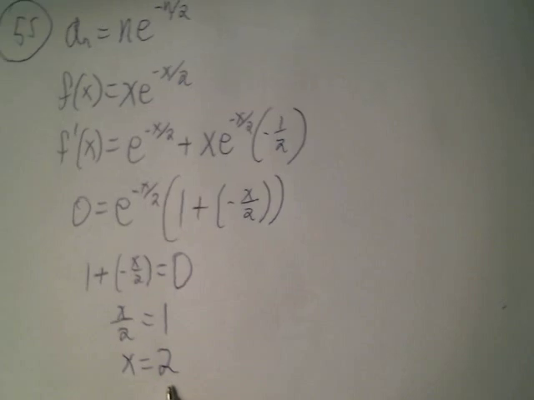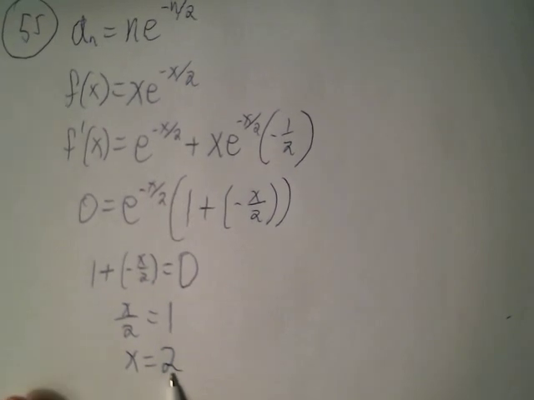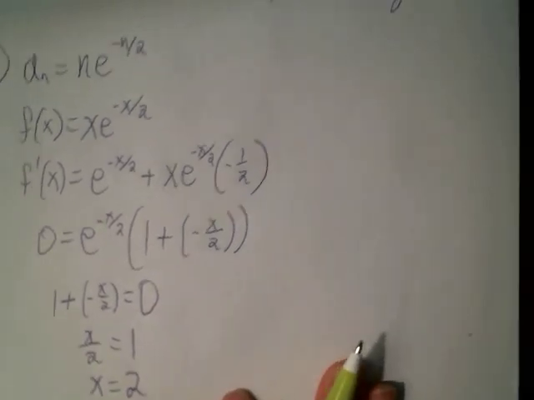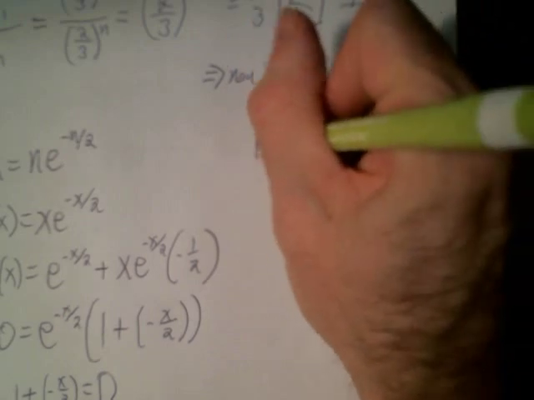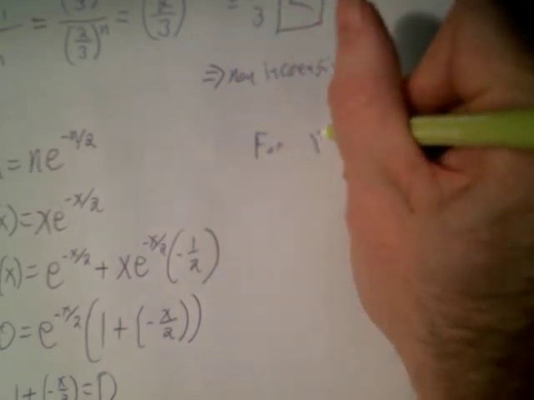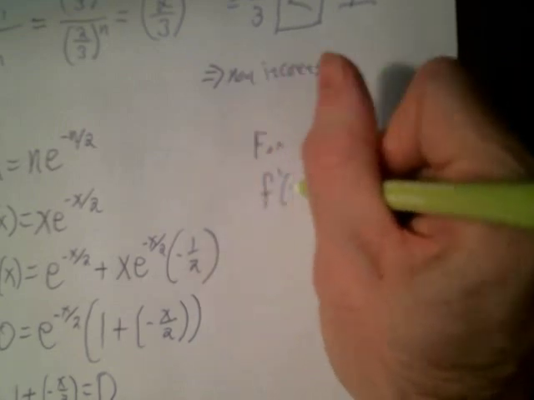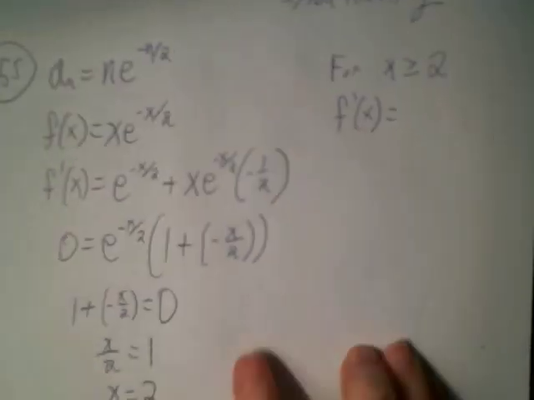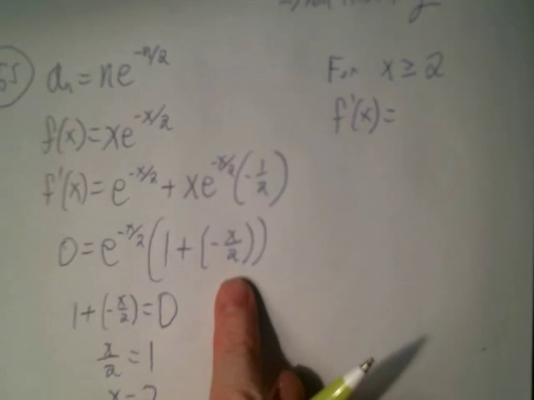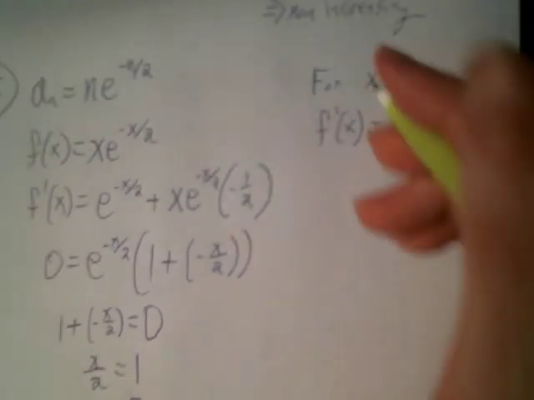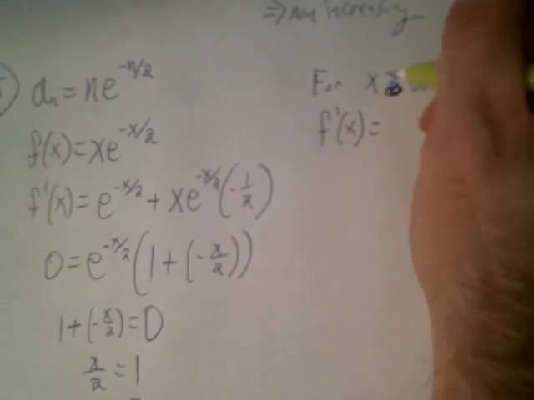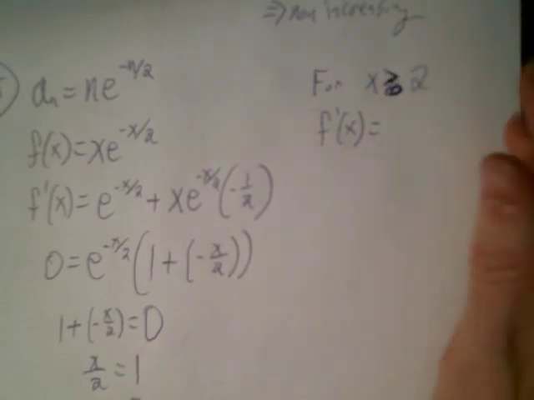Okay, I'm just going to consider the values then that are greater than 2, because then the sign of the derivative won't change. So for x greater than or equal to 2, f prime of x will equal, well, when you plug in, and I guess we want to go just strictly greater than 2, not greater than or equal to, sorry.